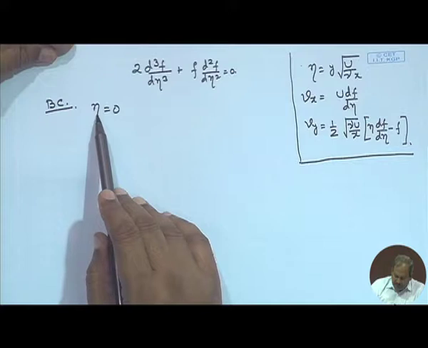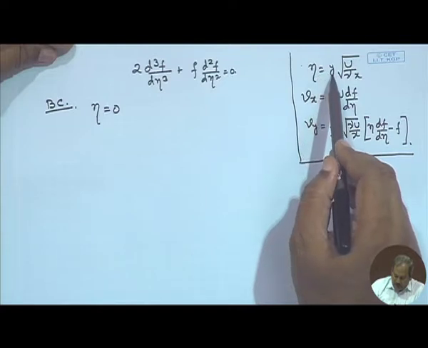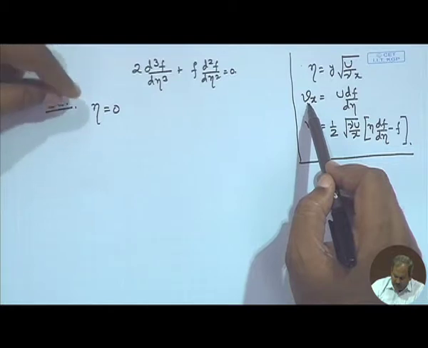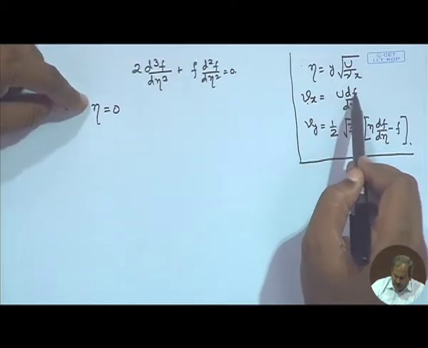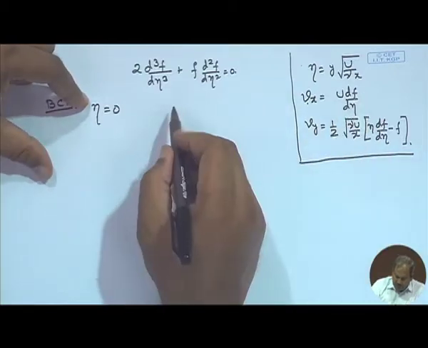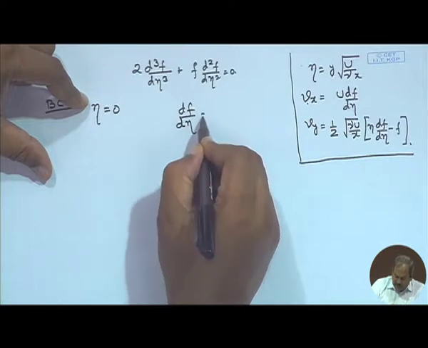At eta equals 0, the first condition at the liquid solid interface, that means at y equals 0, the velocity in the x direction due to the no slip condition must be equal to 0. So df d eta would be equal to 0.